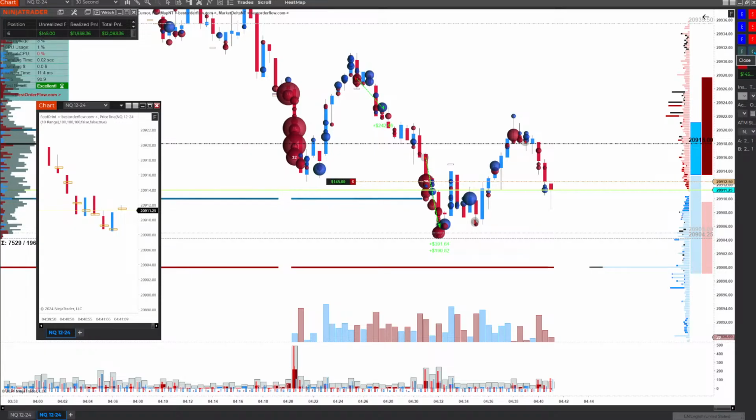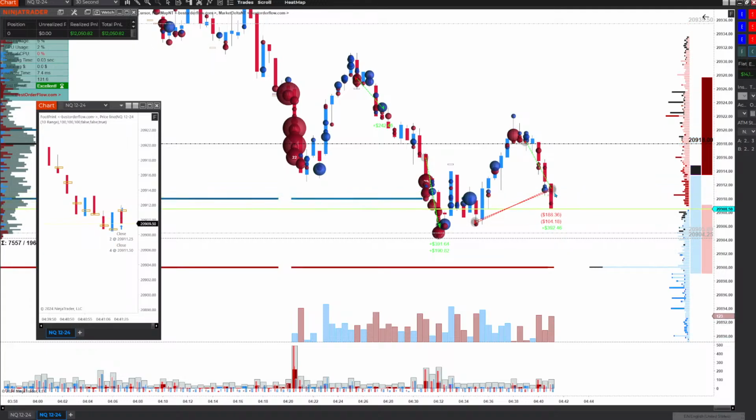My order is filled. Boom. Yes, I closed 100 and 100 in negative, but I'm about 392, about 400 positive. So this is total positive for me. So I've ended this misery right here.